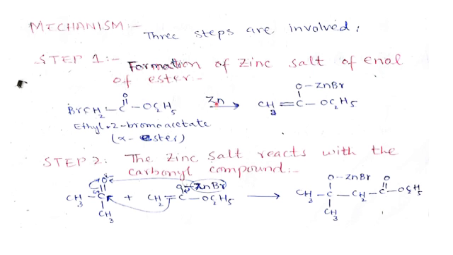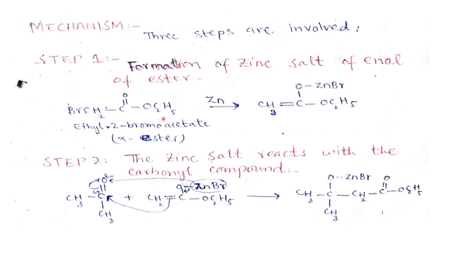When zinc is attracted by this oxygen atom, oxygen will shift its electron density between these two carbons, and here the bromide ion will get attached to the positively charged zinc. This is the positive part of the molecule, forming an enol molecule, and this is the negative part of the enol molecule.